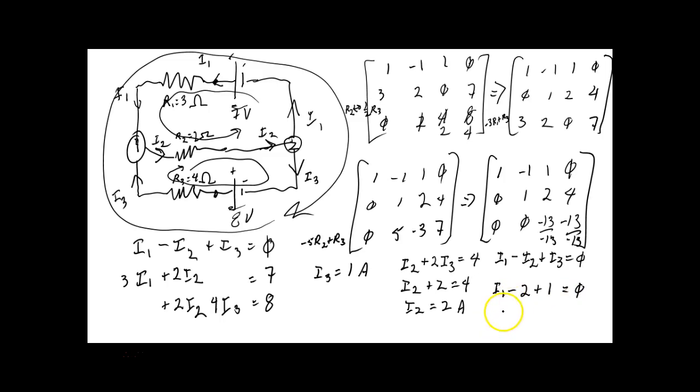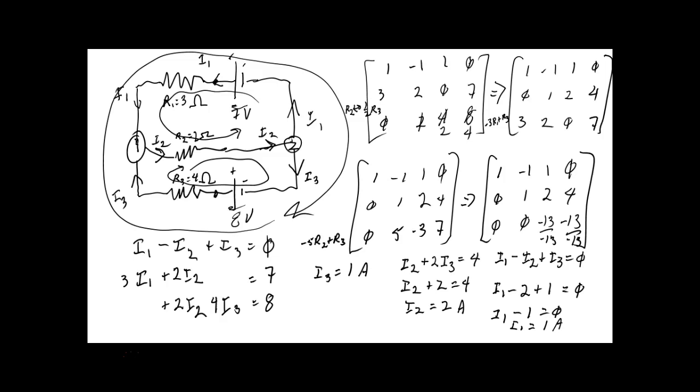So I1 minus 1 equals 0, so that tells us I1 is also equal to 1 amp. Perfect.